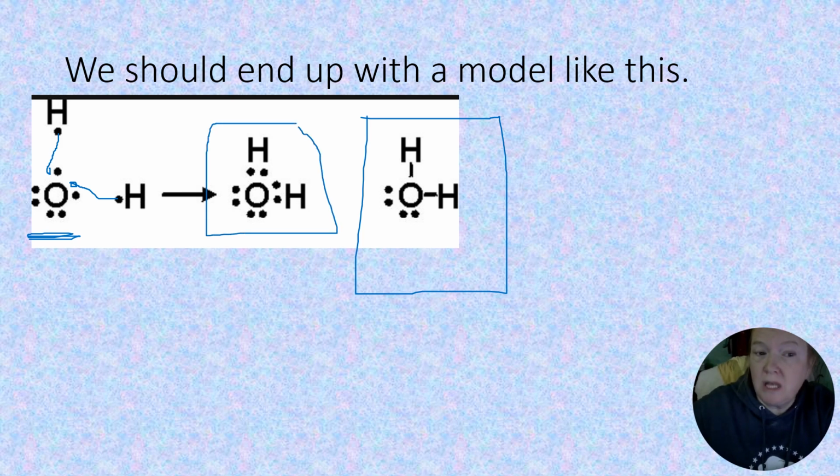Here it is represented with all the dots, which is standard how we've seen it. But for this type of bonding, we can show 2 shared electrons as a line instead of dots. So both of these are correct.